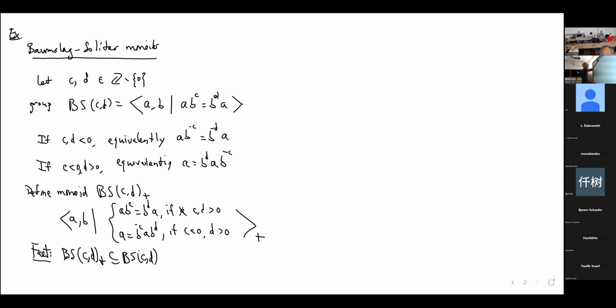So here's the theorem. Let me call this monoid capital lambda.